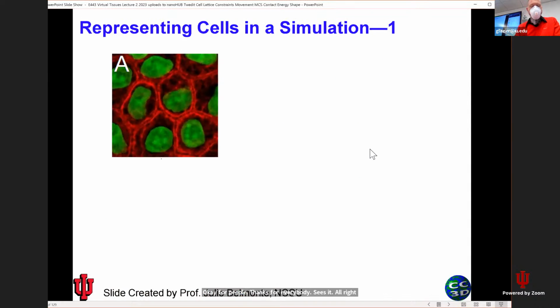All right. So the first thing that we have to decide, whether we're going to do a simulation of cells, and this is going to be true whatever modeling methodology we use, is how we're going to represent cells as individual agents in a simulation. And here's a picture of some cells. These look like epithelial cells, that is, cells in a sheet of cells in a tissue.